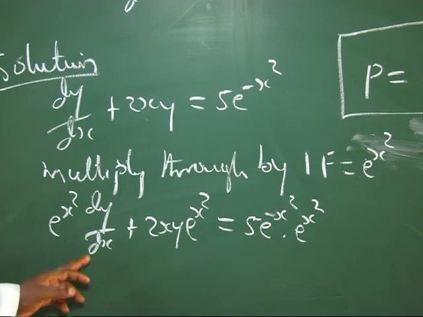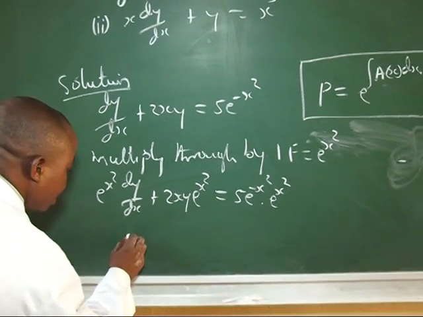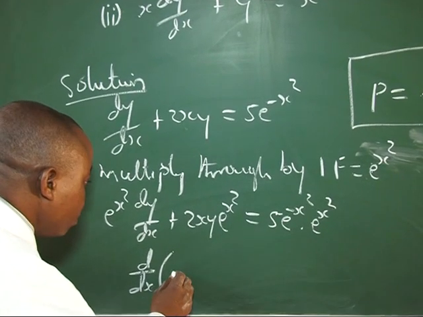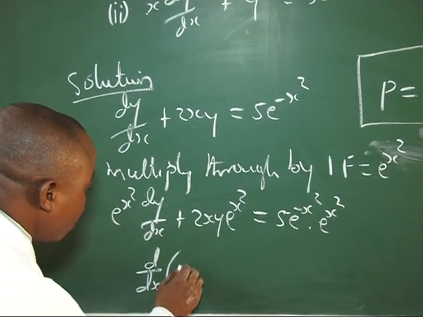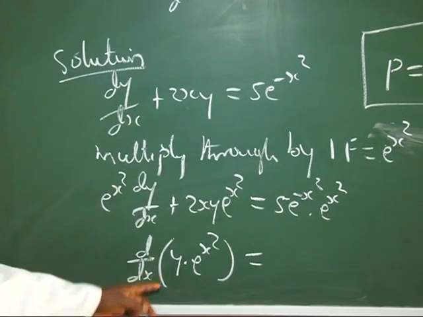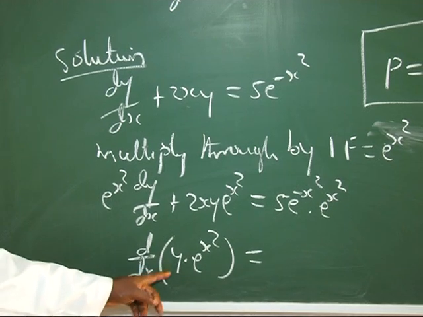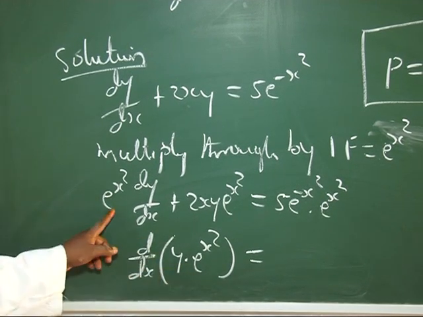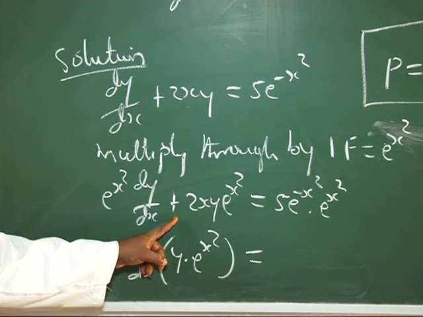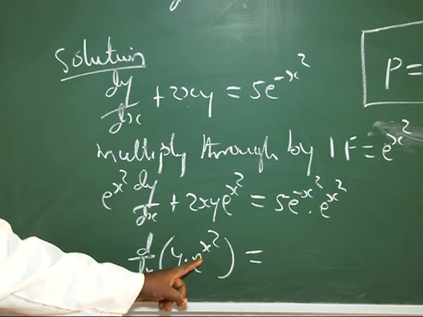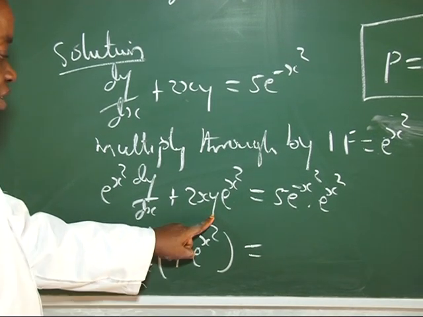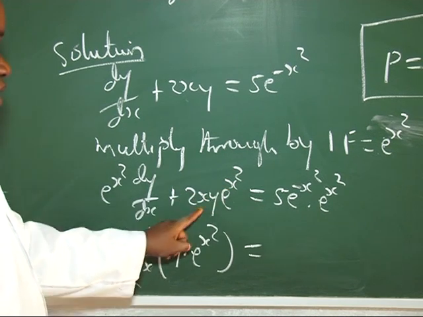We now see that this place is the derivative of y times exponential x squared. If you differentiate this, we keep exponential x squared and differentiate y, plus we keep y and differentiate exponential x squared.